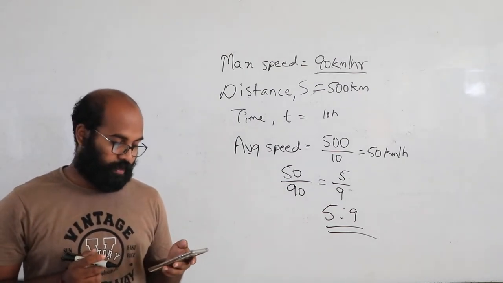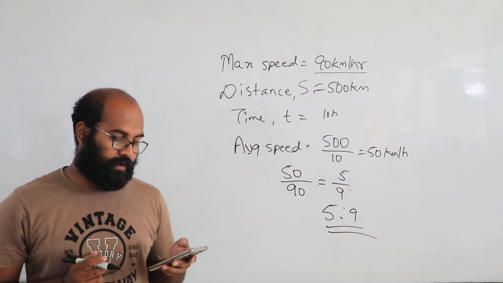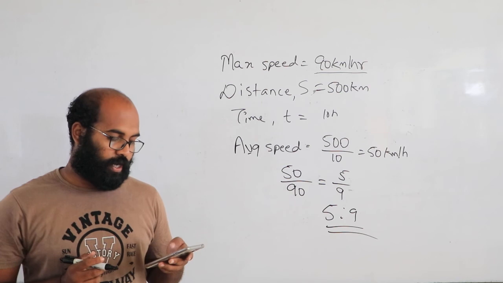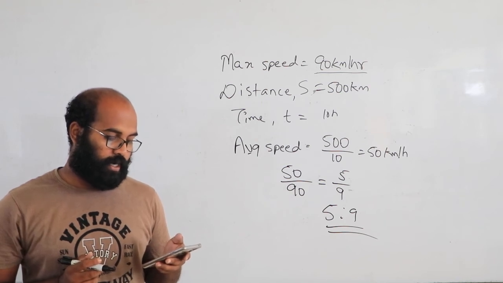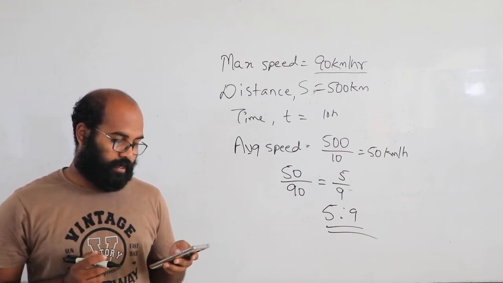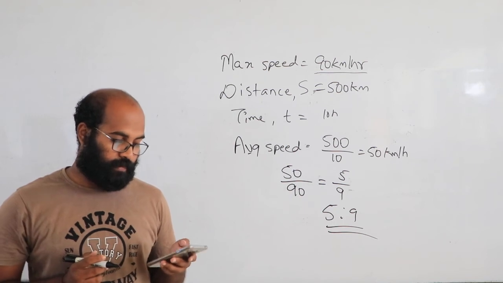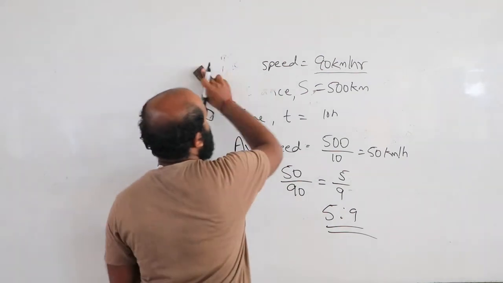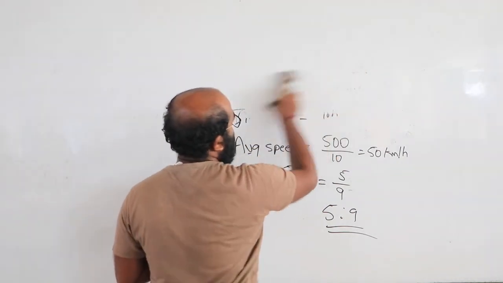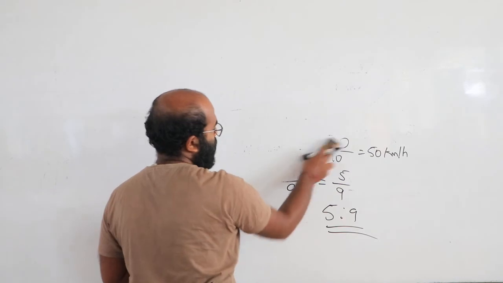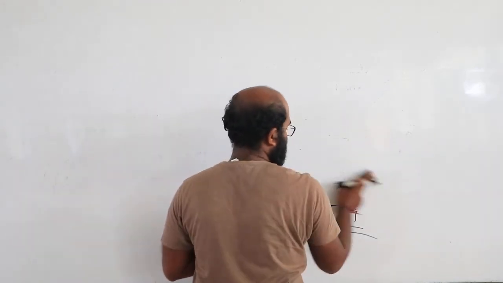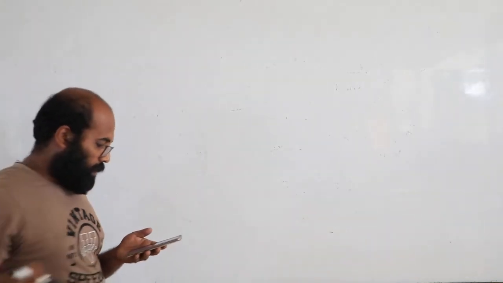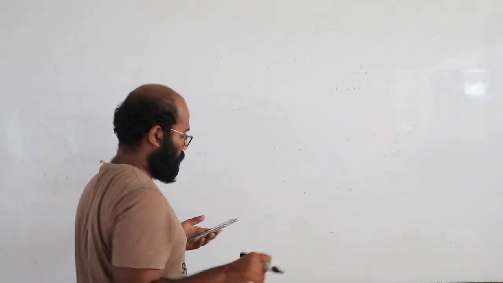Next, a car starts from rest and acquires a velocity of 54 km per hour in 2 seconds. Find the acceleration. So what they have given us. The last problem we did, initial velocity, final velocity, acceleration, time, everything remains the same. And now a car starts from rest.